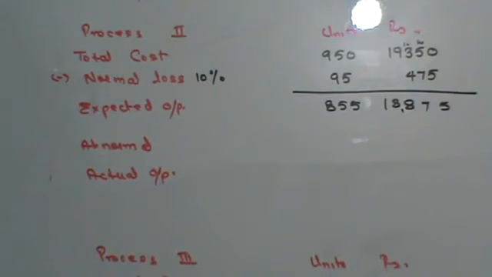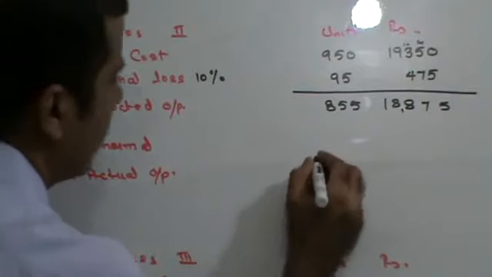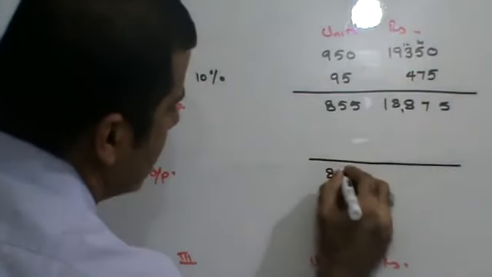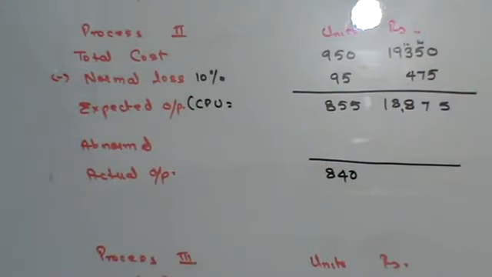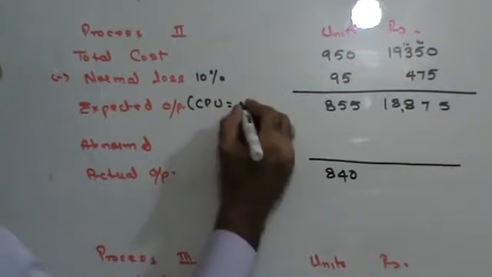They've given you that the actual output is 840. Now before that I need to get the CPU. How do I get CPU? CPU is rupees divided by units. So that is 18,875 divided by 855, which should come to 22.07.